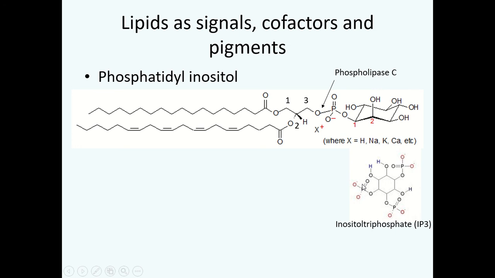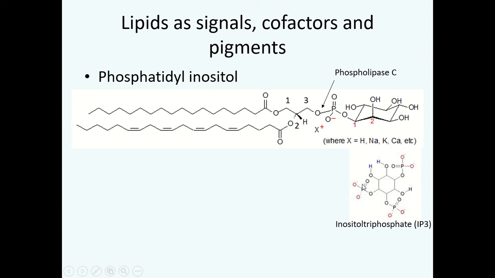For example, muscle contraction requires calcium. Movement of vesicles within the cell requires calcium. Secretion of different types of substances through the cell membrane requires calcium. So the flow of calcium within the cell is important for many different types of physiological functions.